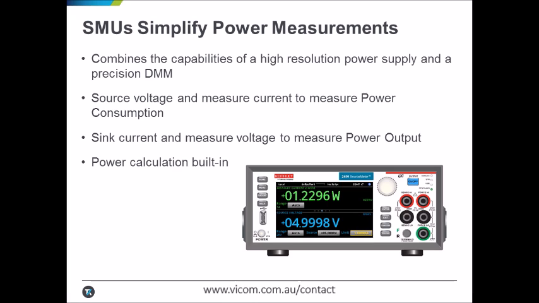In addition to sourcing power, SMUs have the ability to sink power, enabling them to act as an electronic load. This means with a single instrument, you have the ability to measure device power output as well. These instruments will even do the power calculation for you and display the power measurement in watts right on the front panel.